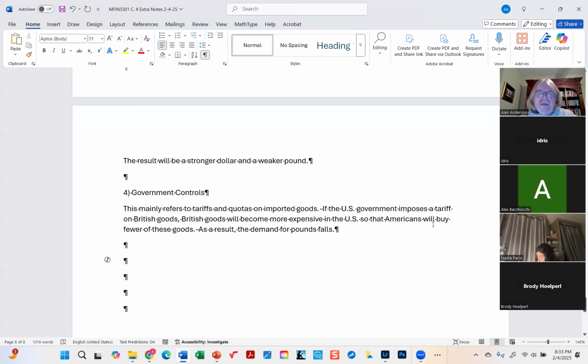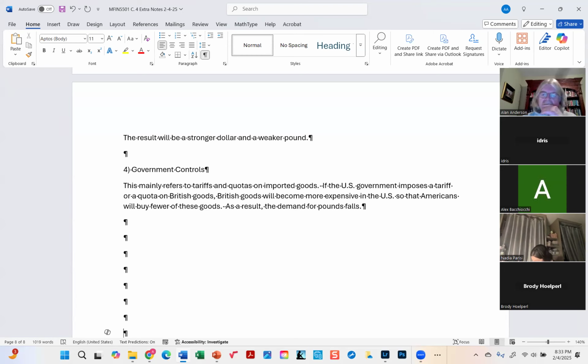By the way, the same thing is true for quotas. So let me change this to imposes a tariff or a quota on British goods. British goods will ultimately become more expensive. Americans will buy fewer. The demand for pounds falls. Now, what happens based on our graph?